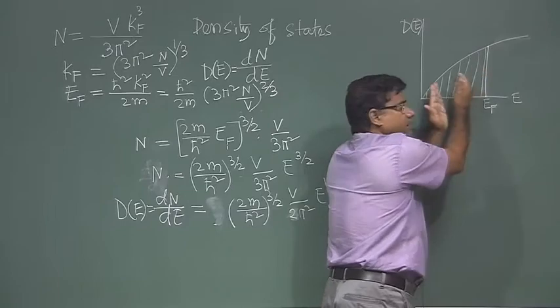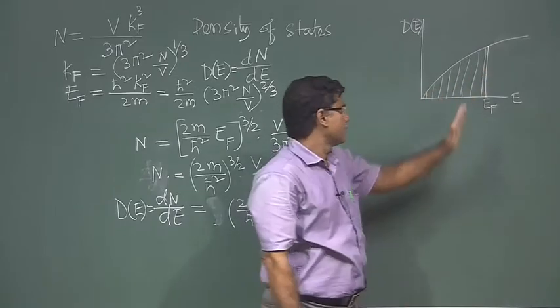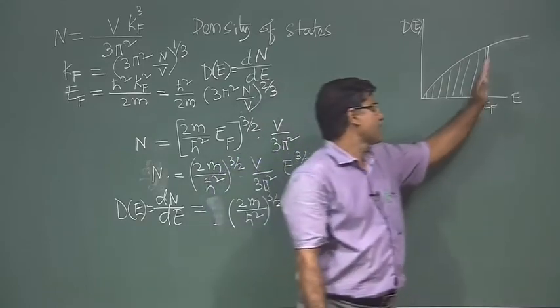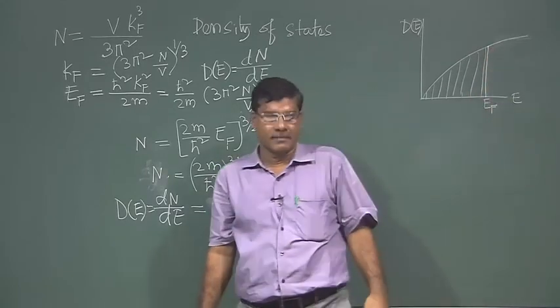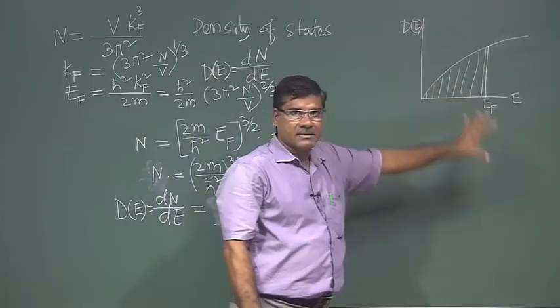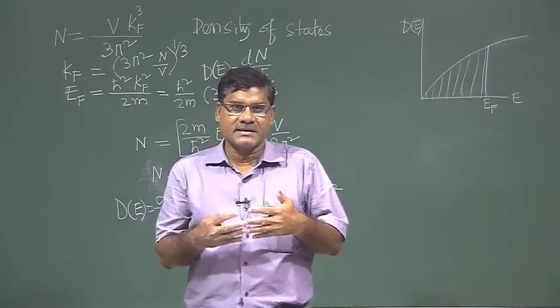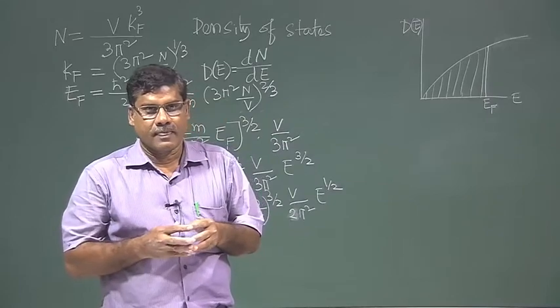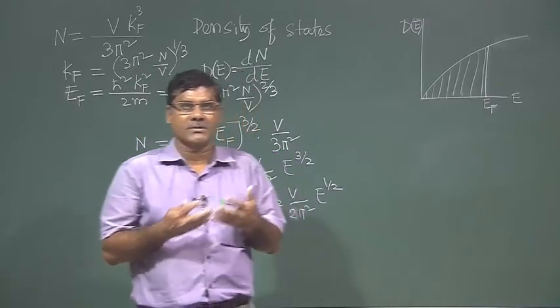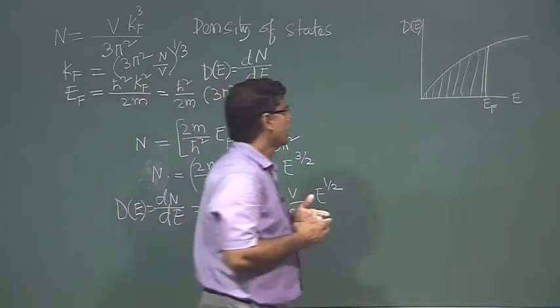So, all electrons are just filled below the Fermi level. So, this is the Fermi level, Fermi energy level. So, this is basically the situation of the ground state, at temperature T equal to 0, absolute temperature is 0.